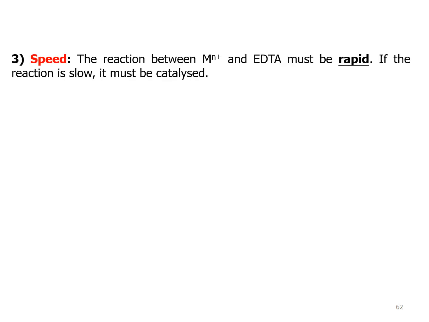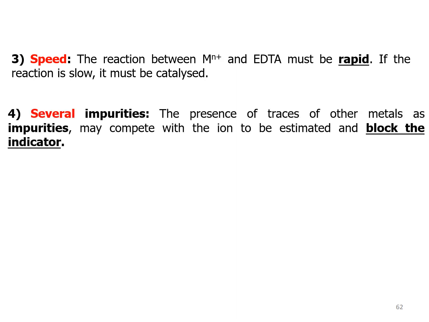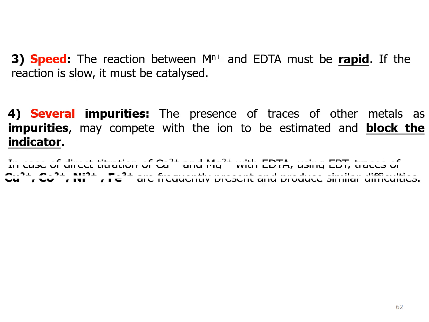Number 3, speed. The reaction between the central metal ion and EDTA must be rapid. If the reaction is slow, then it should be catalyzed. Number 4, impurities. The presence of traces of other metals as impurities may compete with the ion to be estimated and block the indicator.